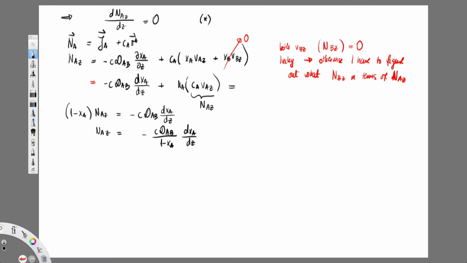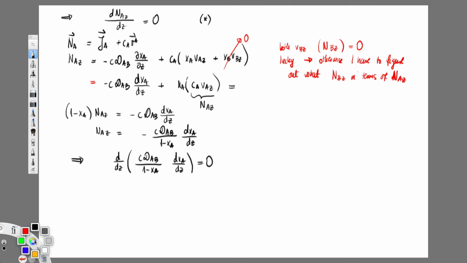And that is what I need to plug back into dNAZ dZ equals 0 and then solve for XA, because I have boundary conditions in terms of XA. So my equation is d dz of C DAB over 1 minus XA dXA dZ is equal to 0. C is a constant, right? Yes, C DAB is treated as a constant.